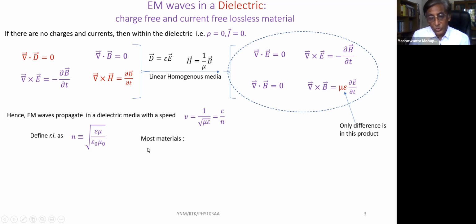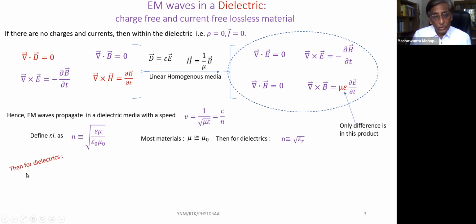Okay, and in most materials, mu is simply mu naught, unless you are dealing with a magnetic material like a ferromagnet. So most dielectrics we will consider mu as the same as mu naught. Then for dielectrics, n is really the square root of the relative permittivity. So if glass has n equal to 1.5, then we know the relative permittivity is simply the square of that.